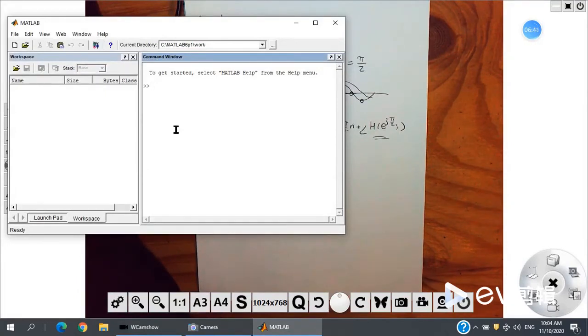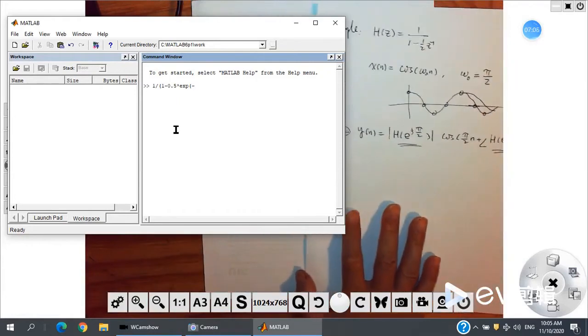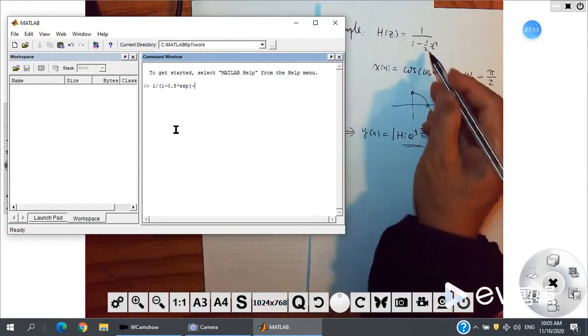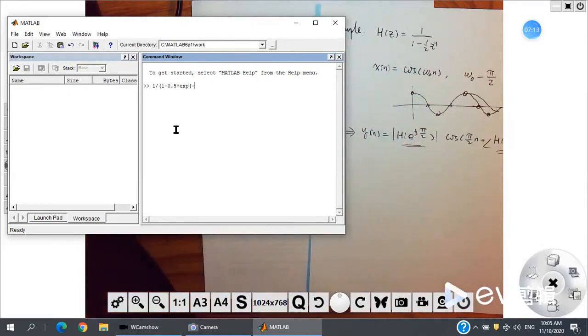That is 1 over 1 minus half times the exponential of negative j omega. Now z is e to the j omega, so we just replace z by this one: e to the negative j times pi over 2.